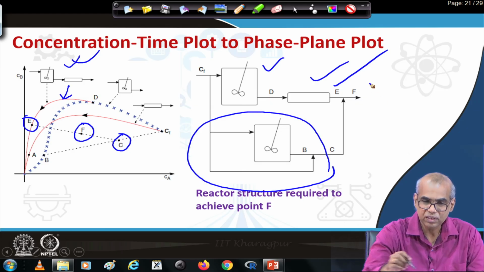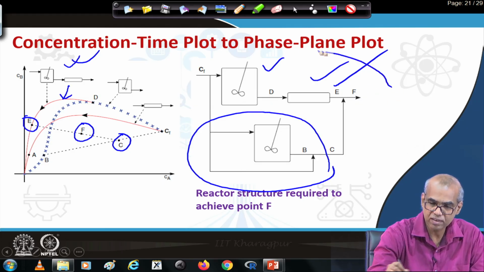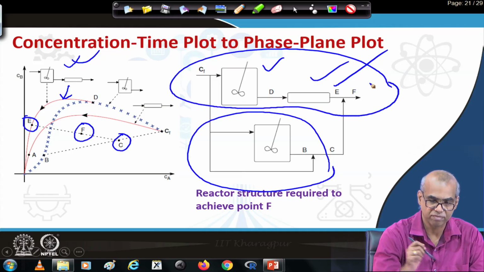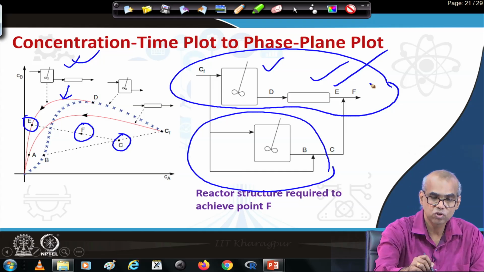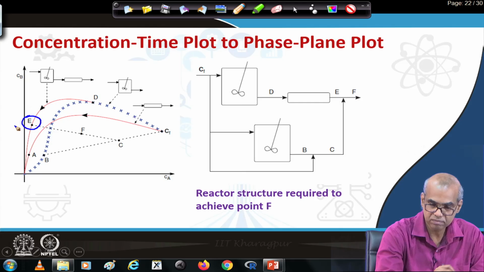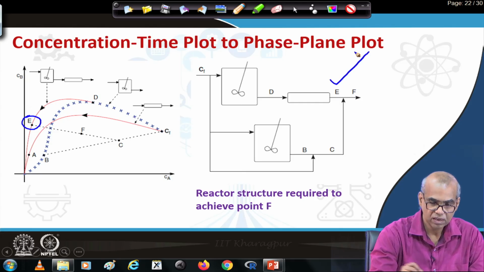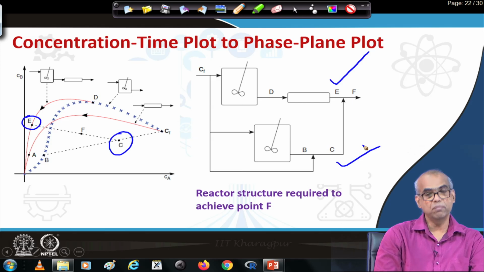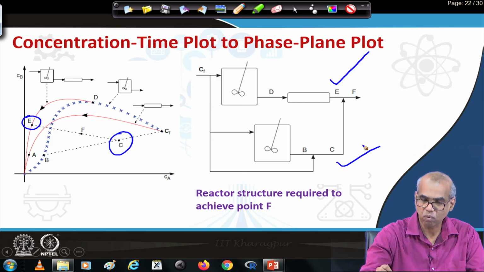So, together they will give you point F. All you have to do is first get E, and then you get C with CSTR and bypass, and then they are mixed to obtain point F.